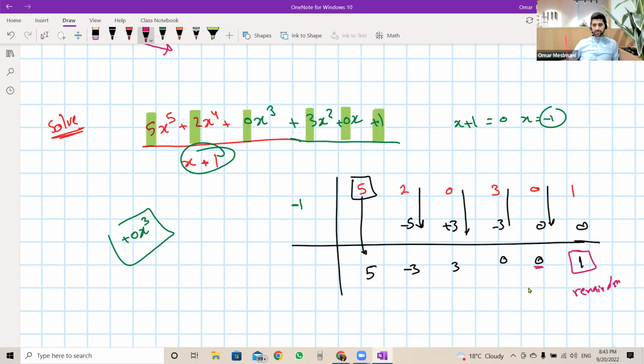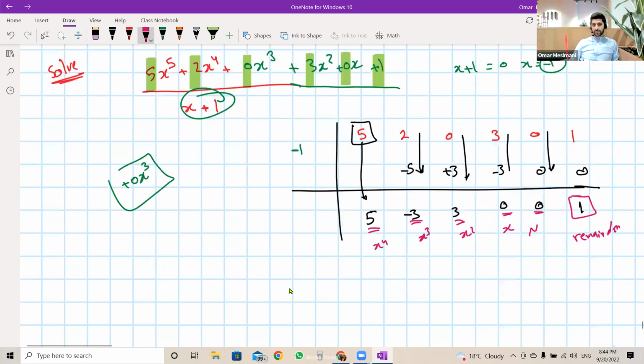And this is the constant. That's going to be with x, with x squared, with x cubed, and with x power 4. So the final answer is 5x power 4 minus 3x cubed plus 3x squared. The 0x, I don't have to write it, there is no need to write it.